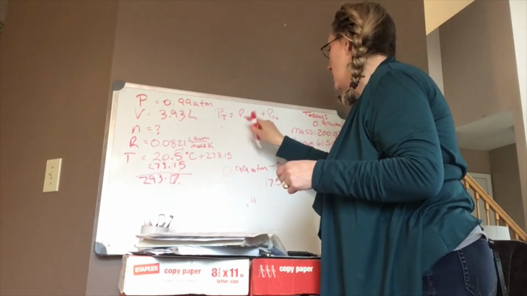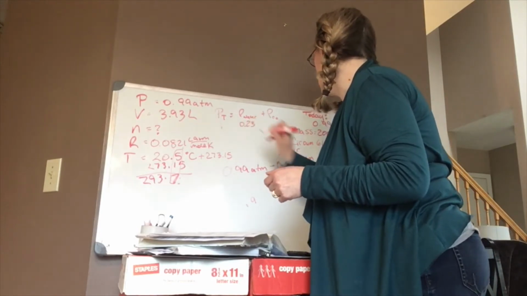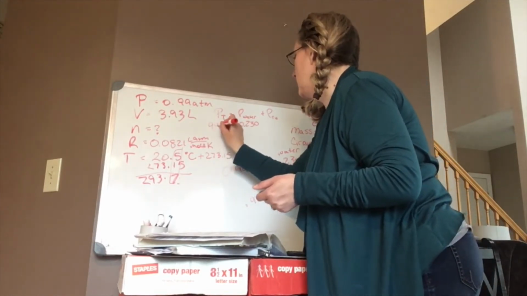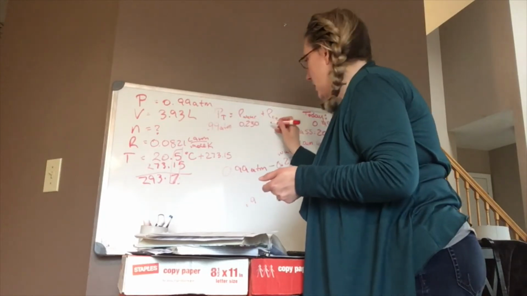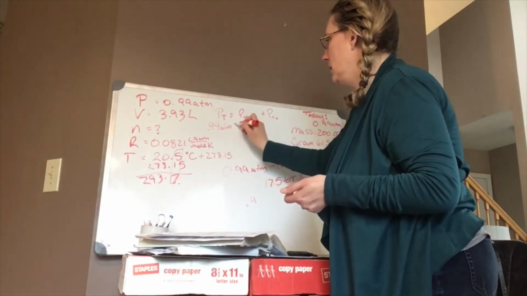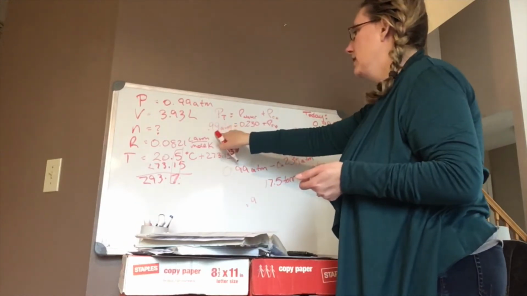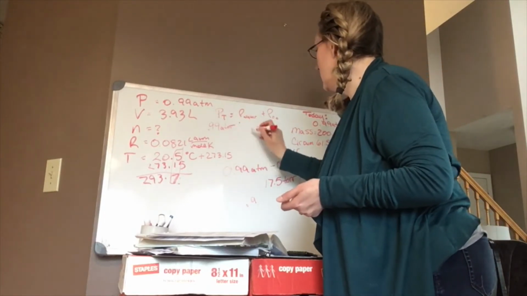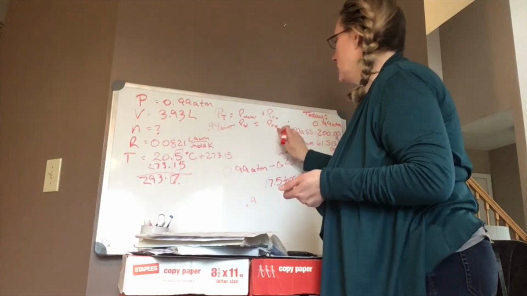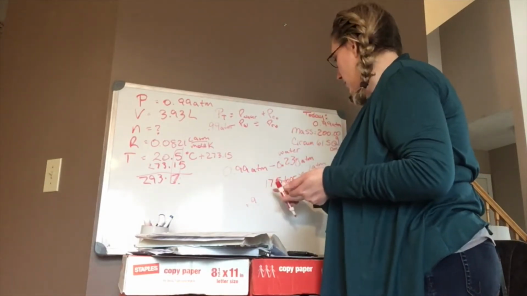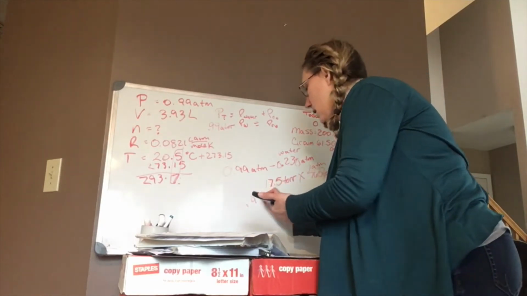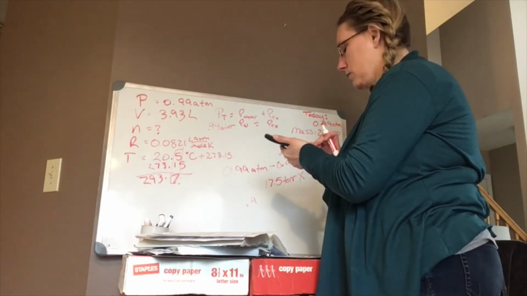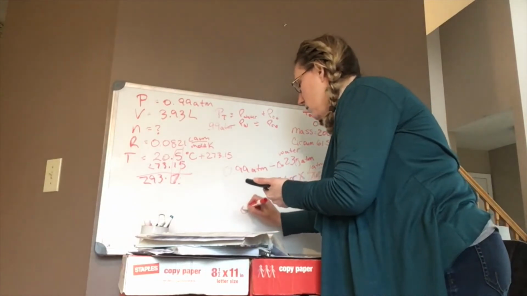So I take the total, minus the pressure of the water, and that should equal the pressure of carbon dioxide: 0.99 minus 0.23, 0.76.